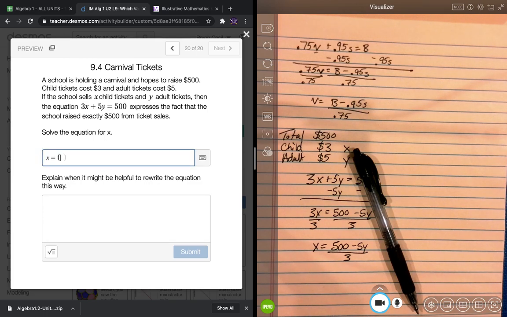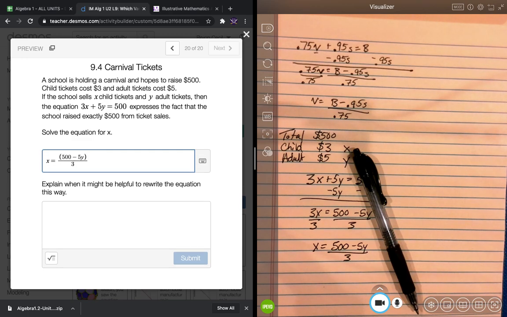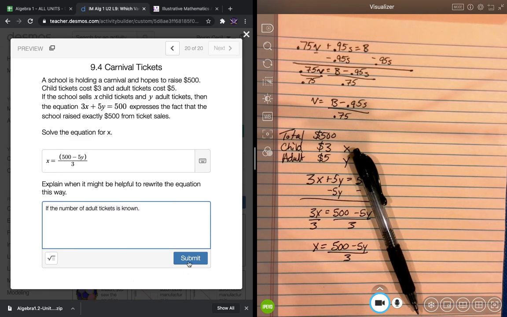Okay, perfect. And then, guys, explain when it might be helpful to rewrite the equation this way. Again, guys, that's if Y is known. So if the number of adult tickets is known.